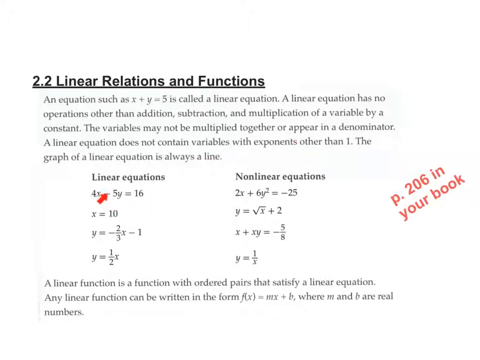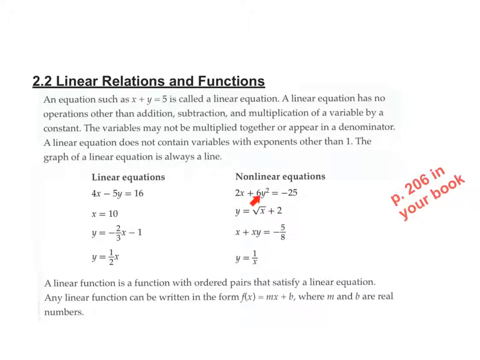If you notice over here, these are examples of linear equations. The powers on the variables are 1. There are no variables in denominators, there's no variables under radicals, and no variables are being multiplied together. In order to demonstrate that something is linear, you have to state all of those things. When it's not linear, it's super easy. You're like, look, there's a variable with a power greater than 1.